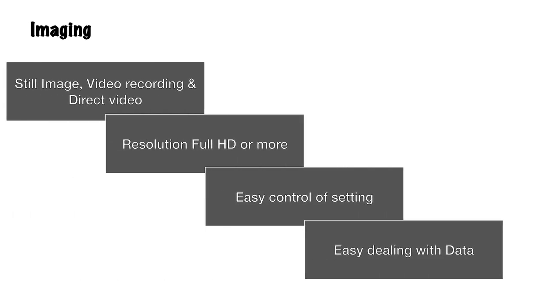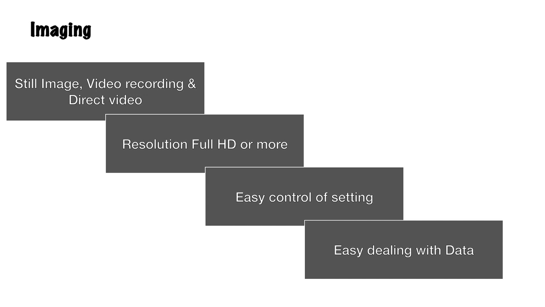In imaging, there are four important points to have in your microscope's imaging tools. They should be able to take still images, video recording, and direct video in high quality. The resolution should be at least full HD or more; less than that is not recommended.